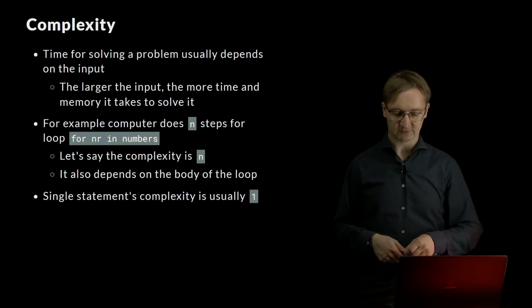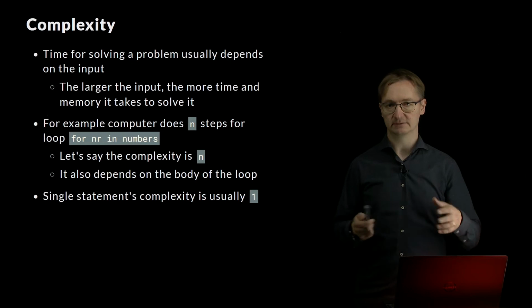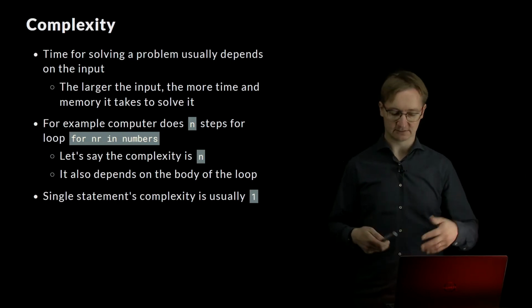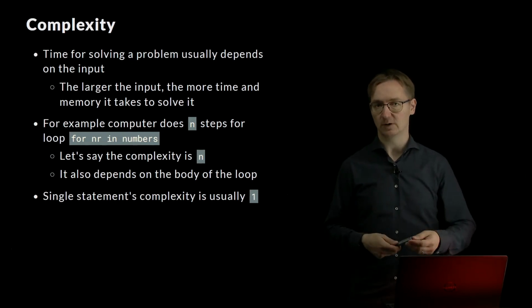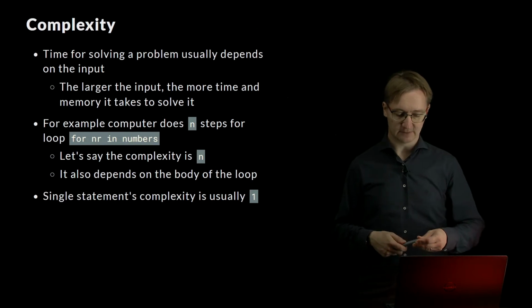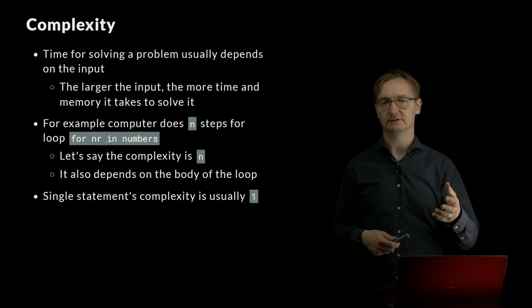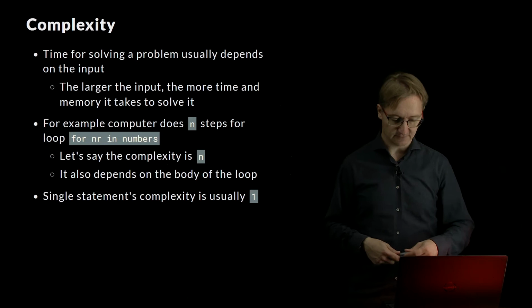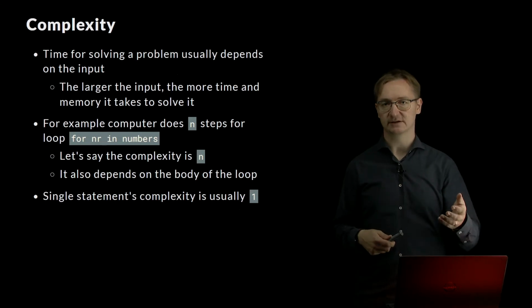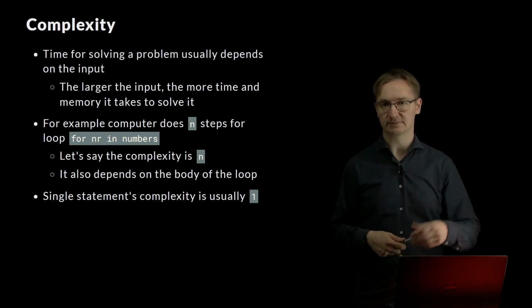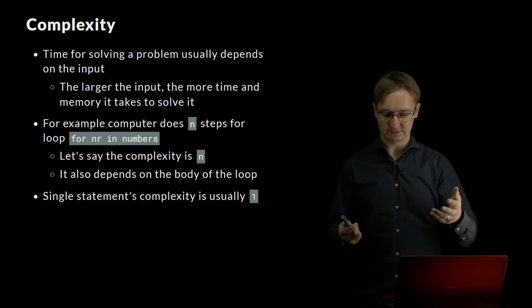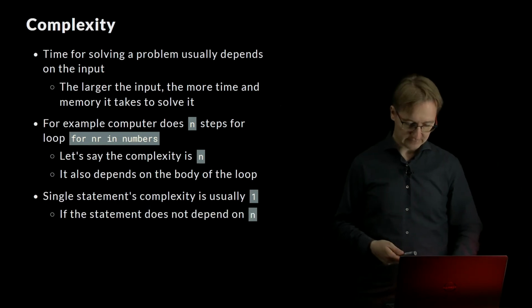So if we add up 2 numbers, then the complexity for that is 1. If we add 2 numbers and then on the next line multiply something, then the overall complexity is basically 2, because there is 1 step and a second step.